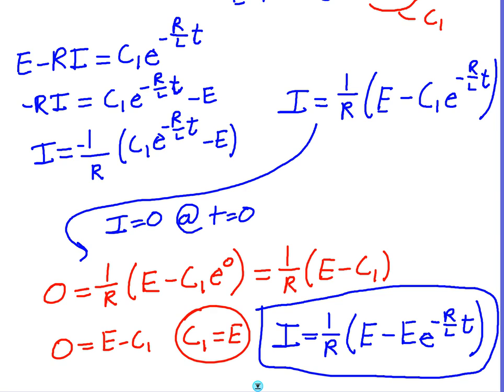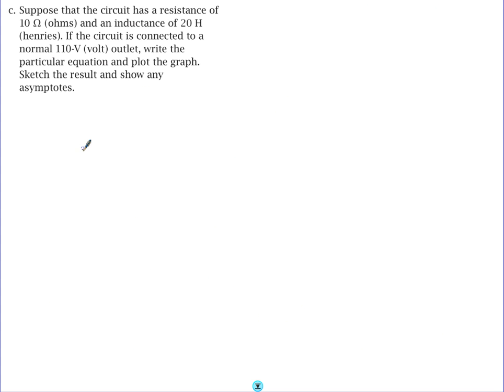Let's go on to C. Suppose that the circuit has a resistance of 10 ohms. So we know that R equals 10 ohms. This is omega, it stands for ohms. And the inductance of 20 henries, so 20 is L. If the circuit is connected to a normal 110 volt outlet, this is kind of interesting.